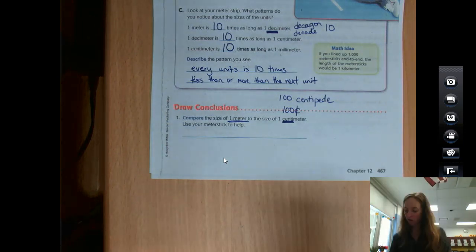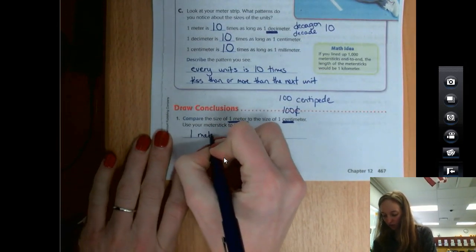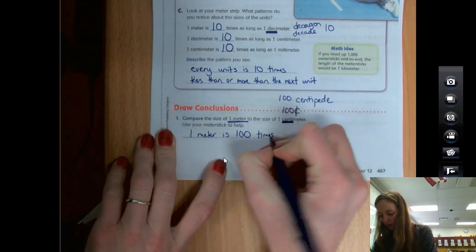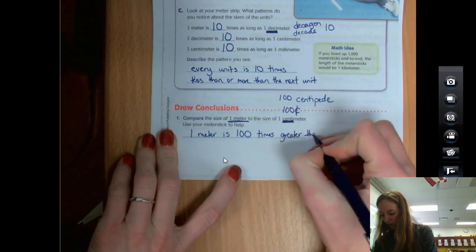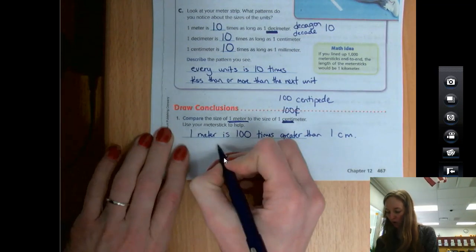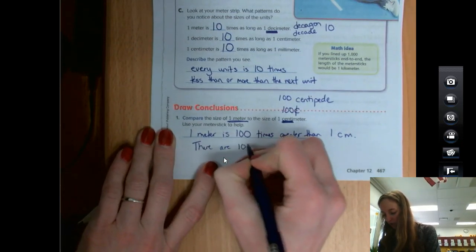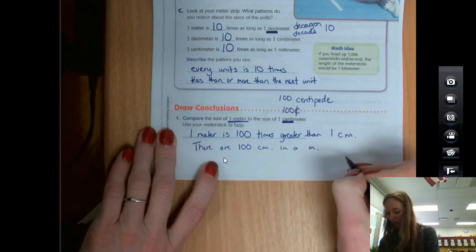So 1 meter is 100 times greater than 1 centimeter, or you could say there are 100 centimeters in a meter. Either way, okay?